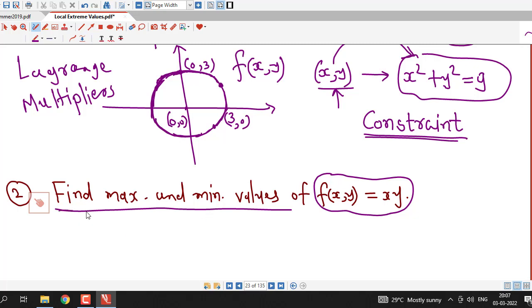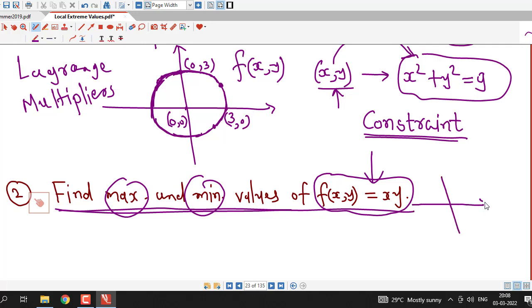In the other problem there is no restriction. We have to find the maximum and minimum values of f(x,y) equal to x into y, and there is no restriction on the values of (x,y). Your point can be any point from the xy plane.